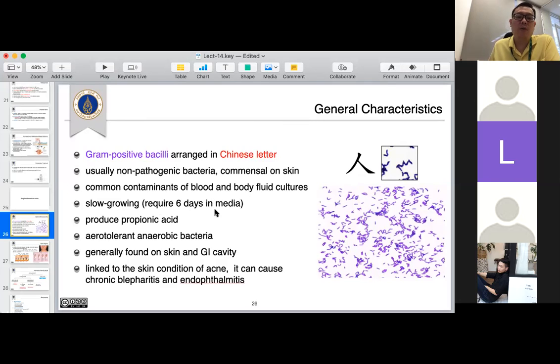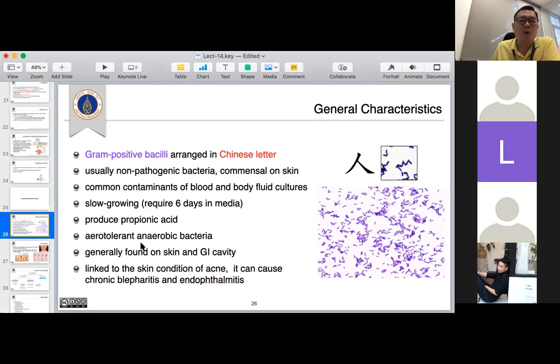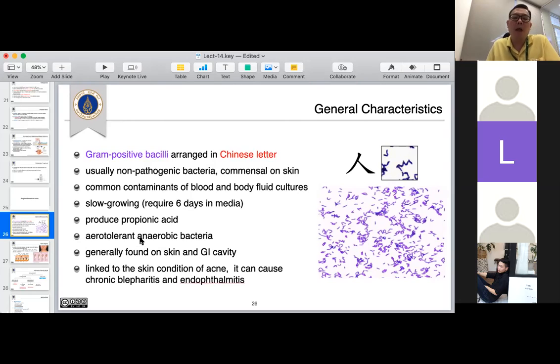They grow super slowly. If you want to culture them in media, you probably incubate for at least 6 days. They don't love oxygen much. They are aerotolerant, but they are not aerobic; they should be microaerophilic.